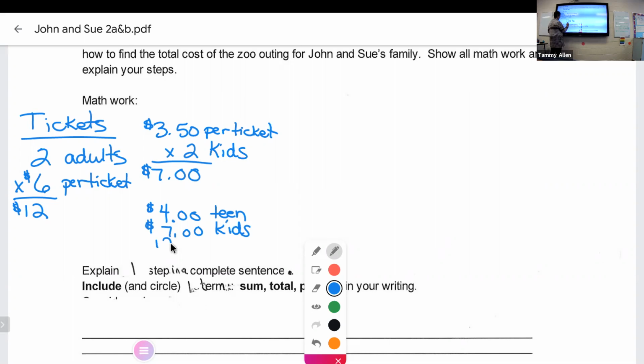For the adults? What does that give us for the total ticket price? Peyton, are you writing all this down?